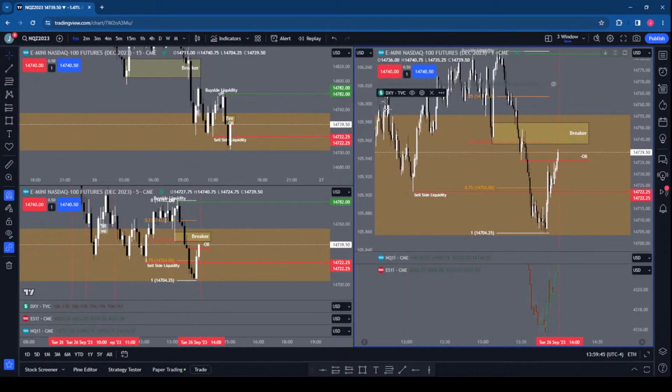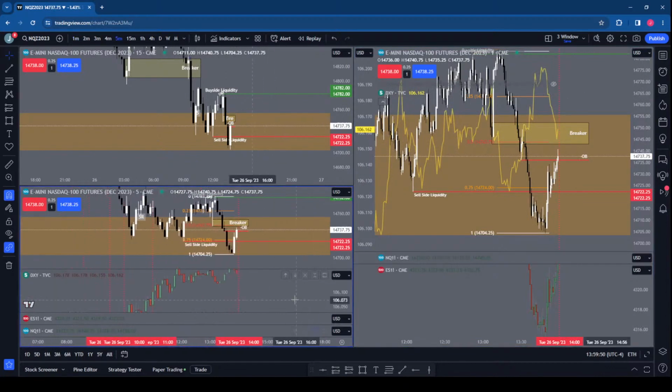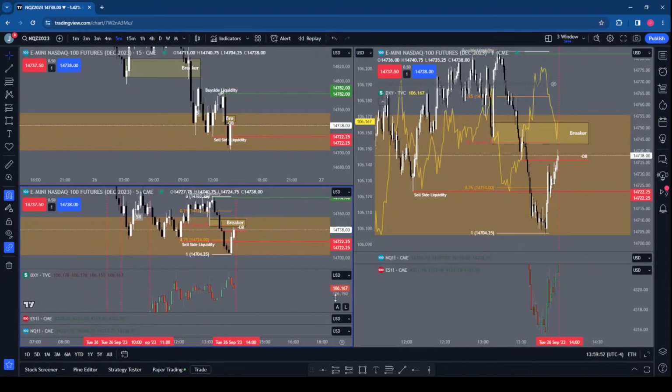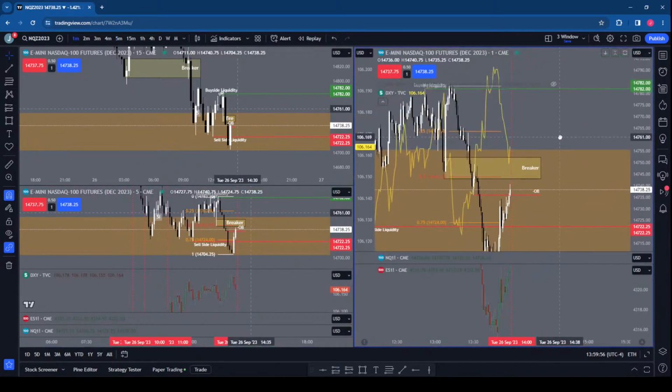Let's check out the dollar. The dollar seems to be making higher highs.